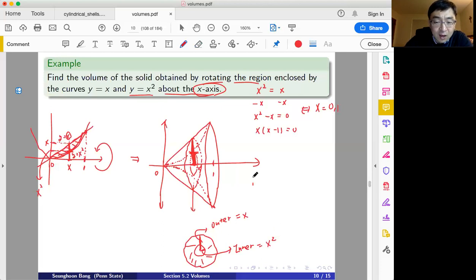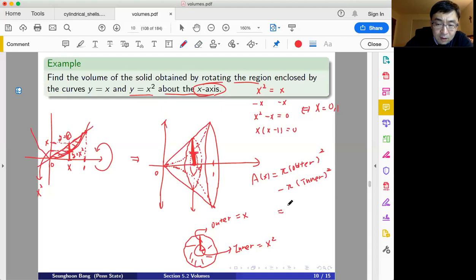So what's the area A of x of the cross section? Pi times the outer radius squared, minus pi times the inner radius squared.